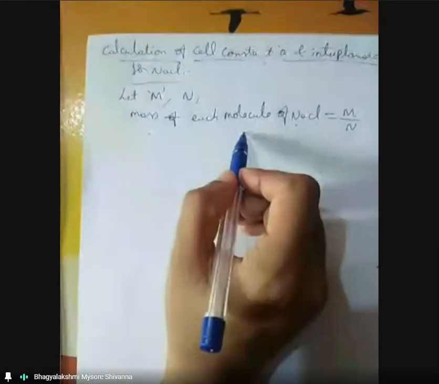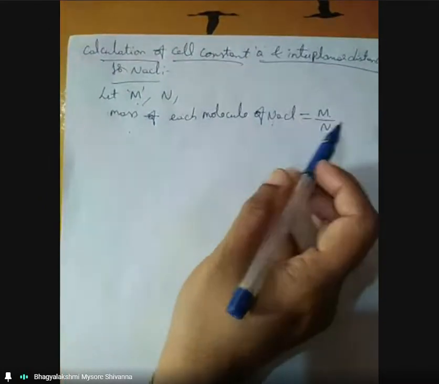Then the mass of each molecule of the sodium chloride crystal is equal to M by N.